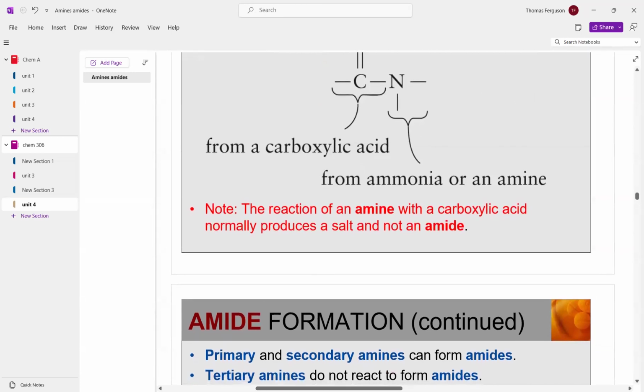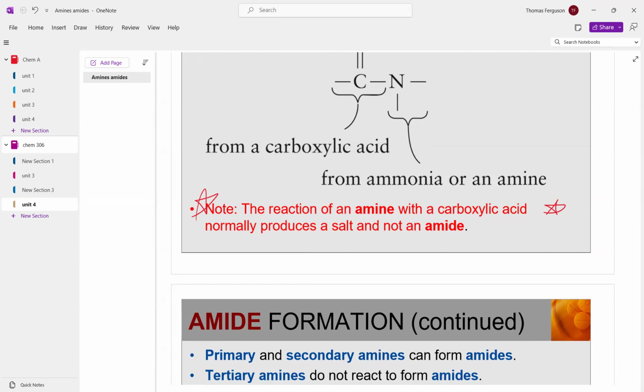Okay, now, there were three ways to form an ester: with the acid chloride, and the acid amine.